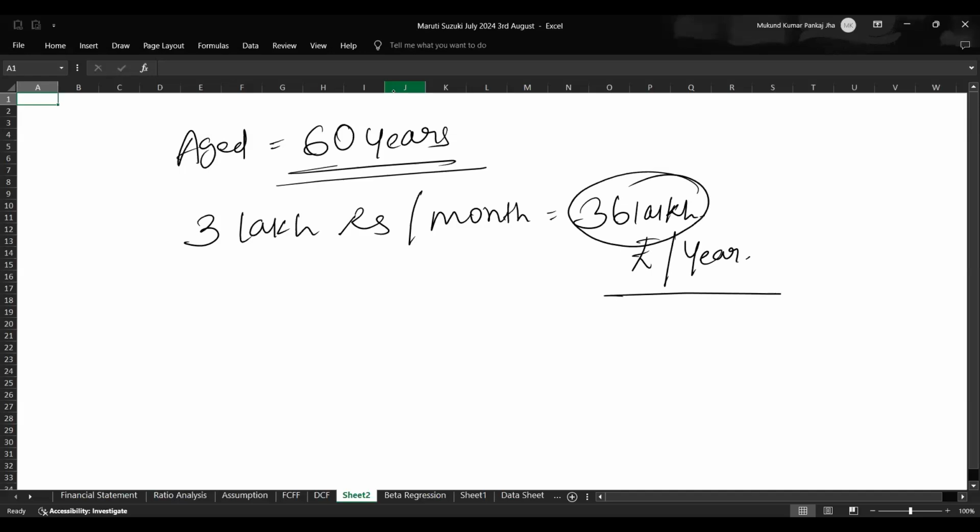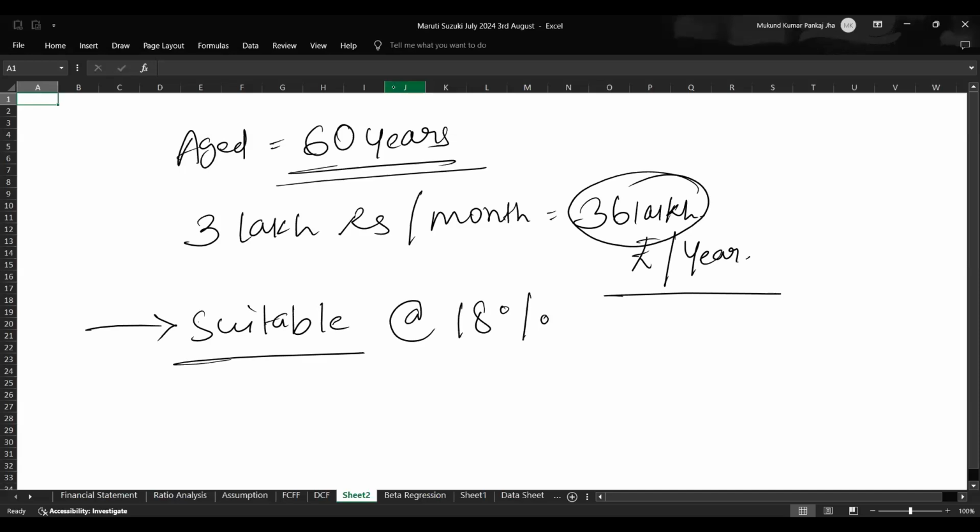Now, he sees that the investment suitable for his risk appetite, for his ability to take risk, gives him 18% return.